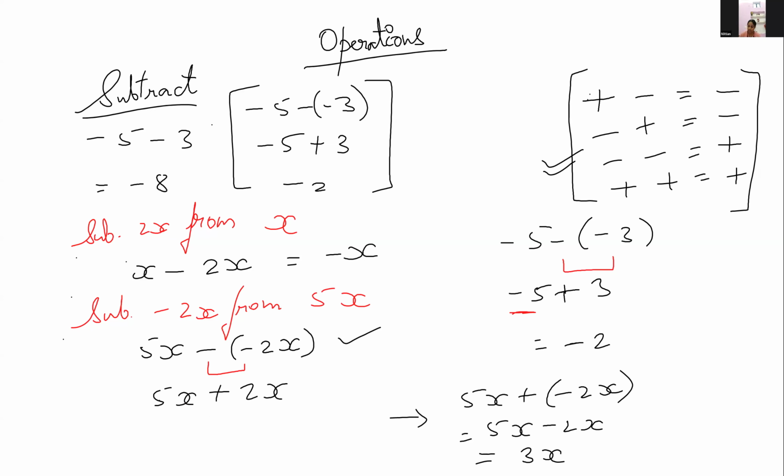You add 5 and 2, that is 7, and write x. Okay, 7x we have. So this is how we solve subtraction. Just take care of the signs. All right. Hope it's clear.